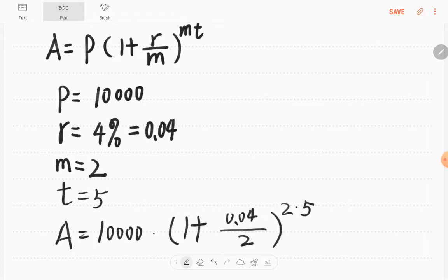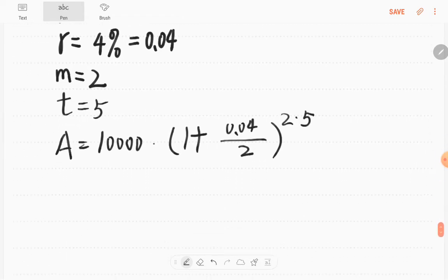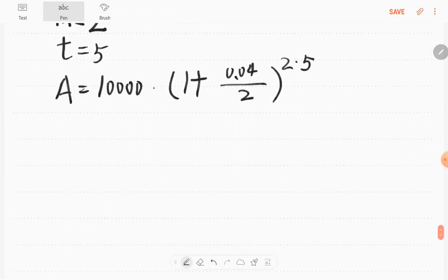Okay. Of course, you can input these numbers directly into a calculator, then you can get your final answer. But this is just for the students who are familiar with your calculator. If you're not very familiar with your calculator, just do it step by step. Let me do it step by step.